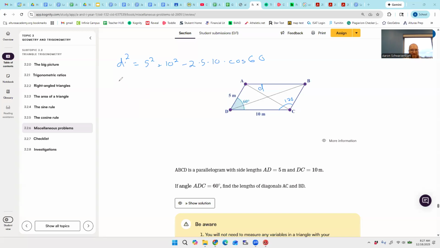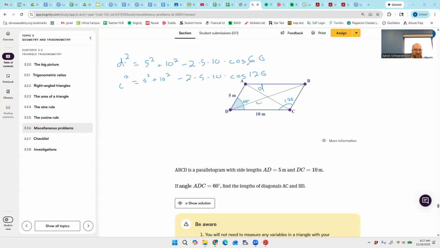So this is law of cosines. We'll call this one C. C squared equals. So 125 is the first part. Cosine of 60 is 1/2.